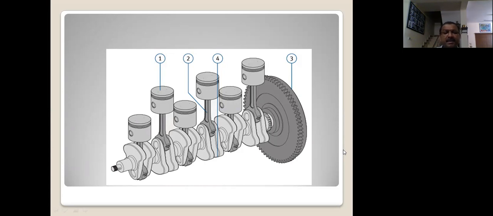A truck engine most probably will have 6 cylinders.